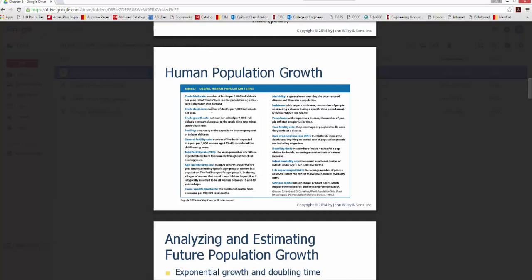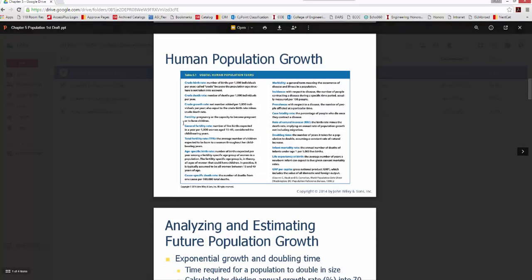The death rate, you see here, is the number of deaths per 1,000. Growth rate is the difference between the crude birth rate and the crude death rate per 1,000 individuals. Now again, this can either be positive or negative. If you have a higher death rate than birth rate, then your growth rate will be negative. Fertility, basically we're talking about the childbearing ages, the capacity to become pregnant or to have children.